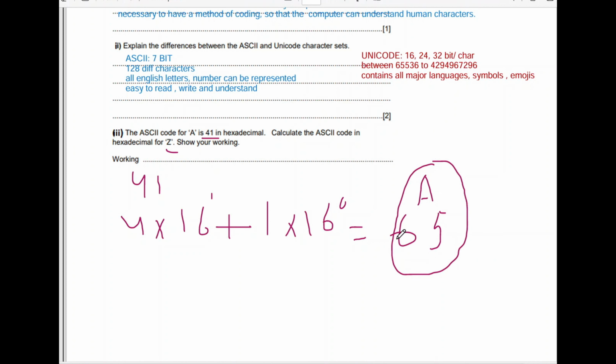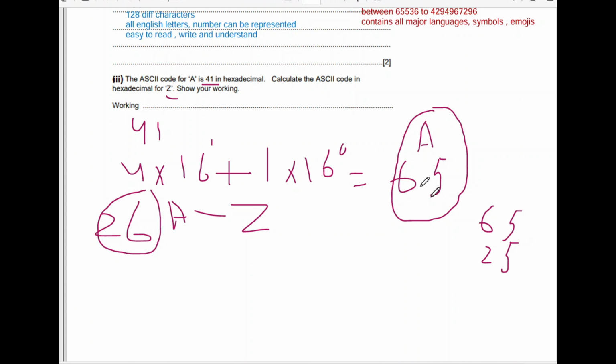The first letter's value is 65, so the rest that are left are 25. So if I add 65 with 25, 5 plus 5 is 10, 6, 7, 8, 9, so the decimal value for Z is equal to 90, right? This is the decimal value.